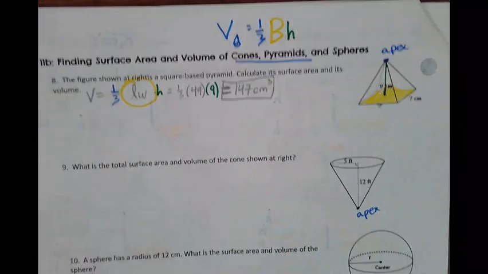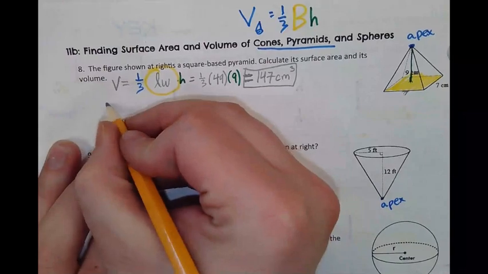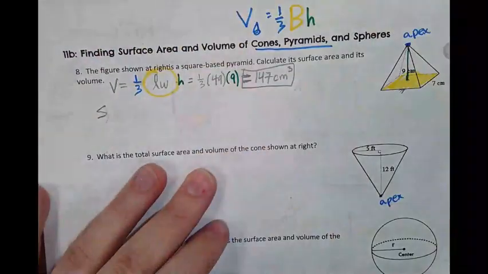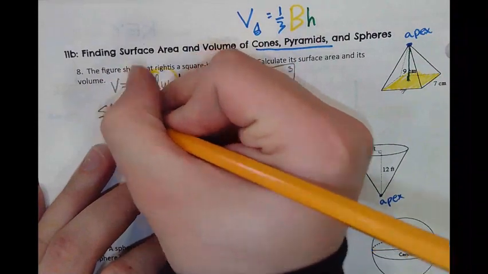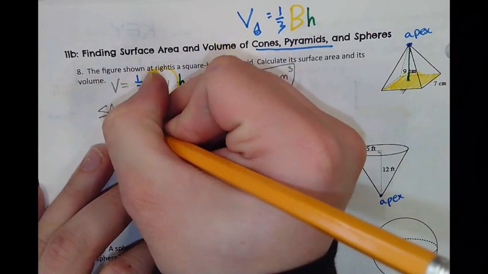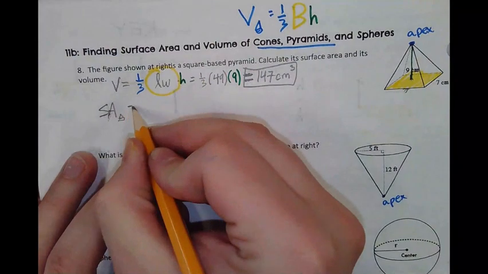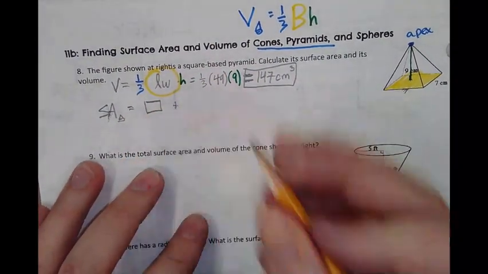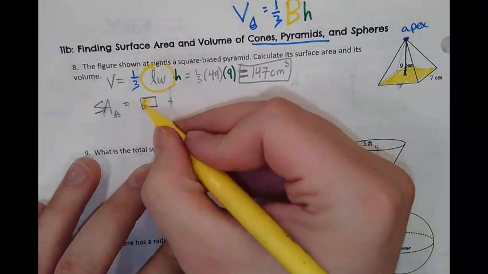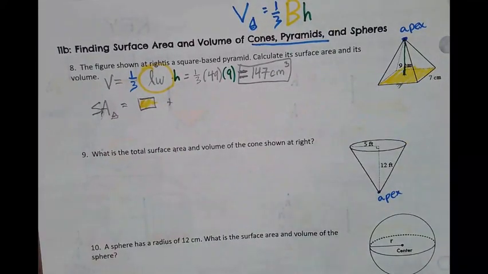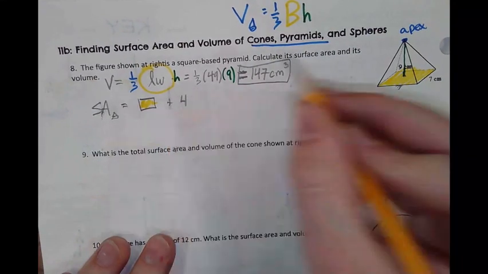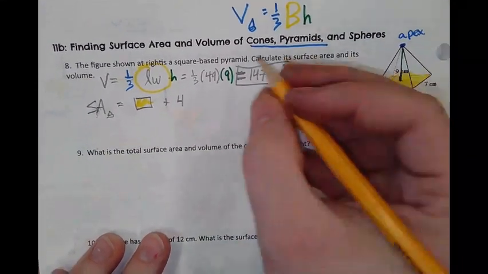Okay, next up is going to be the surface area of this figure. The surface area of this type of pyramid is going to be 1 square, which is the base shape, plus we have 4 triangles that go around that shape.